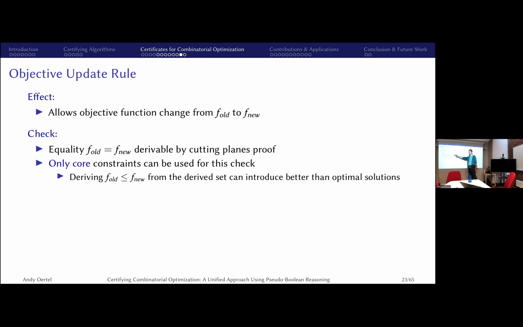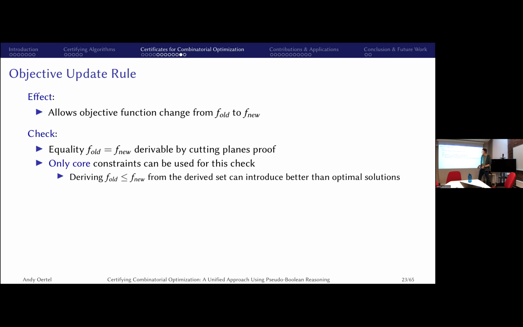So if in our constraints we have this equality, which, if you remember the preliminaries, is just two inequalities, then we can change the objective. And an important restriction here is that both these constraints, the greater equal and the less equal, saying that the old and the new objective are equal, have to be in the core set.